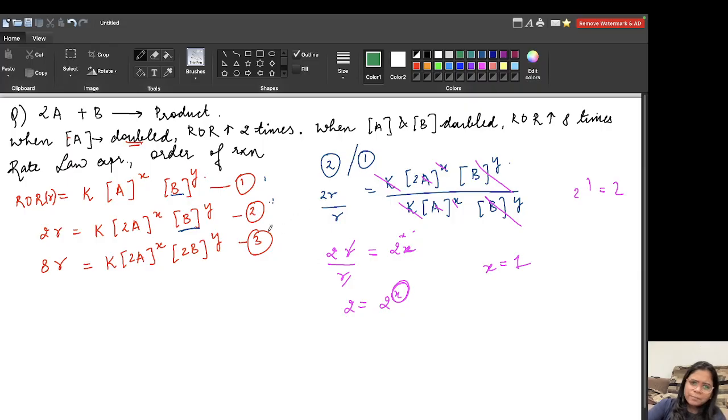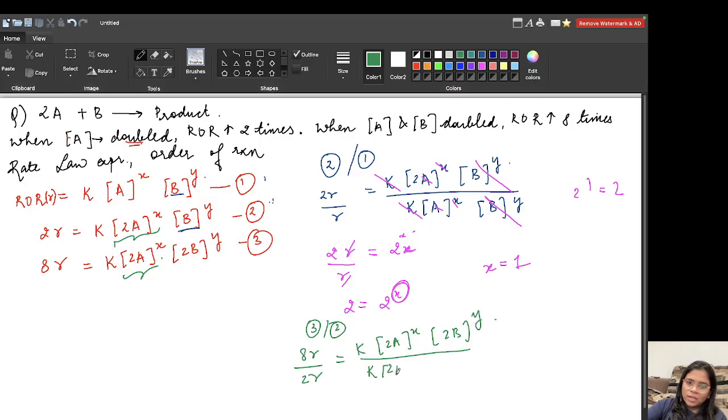How will I find y? Do something so that this and this get cancelled, right? 3 divided by 2. So this one will be 8R divided by 2R, which equals k (2A) raised to the power x, (2B) raised to the power y, divided by k (2A) raised to the power x, B raised to the power y. 2R gets cancelled with 8R, 2 4s are 8.